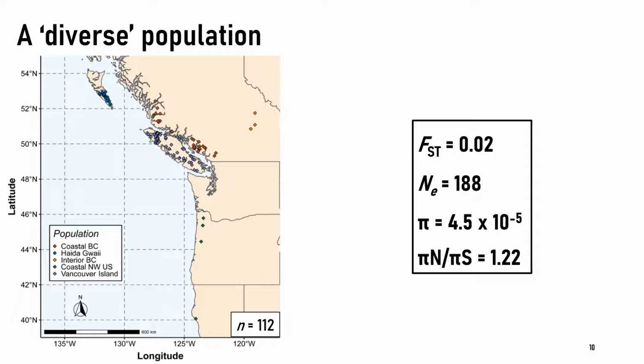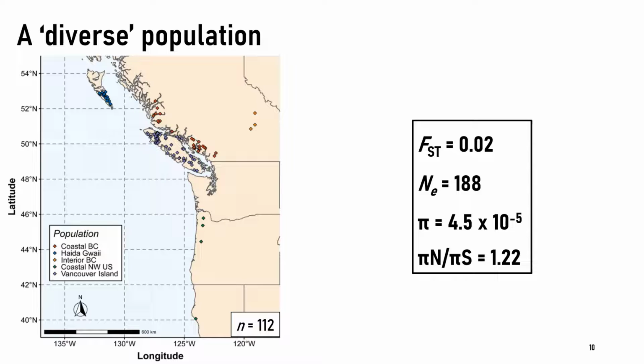And this can be further verified by a number of other tests that we did, such as looking at FST between the populations, which was extremely low. Effective population size, which was also extremely low, so 188 individuals for this entire range. And pi, which is the nucleotide diversity at all genic loci, was also extremely low, a number of orders of magnitude lower than other conifers.